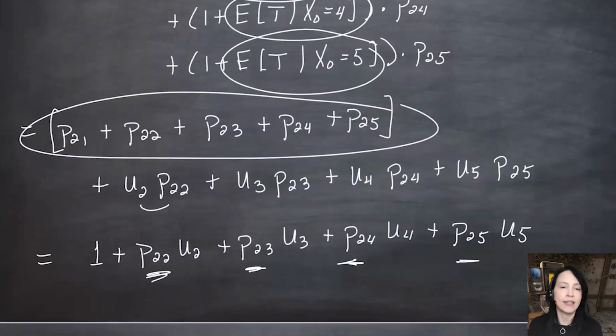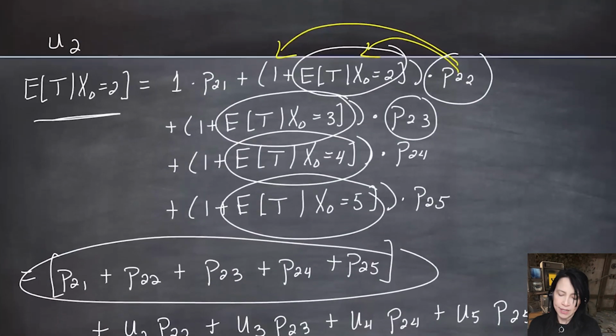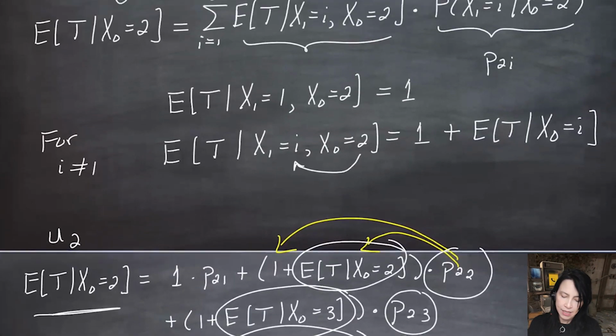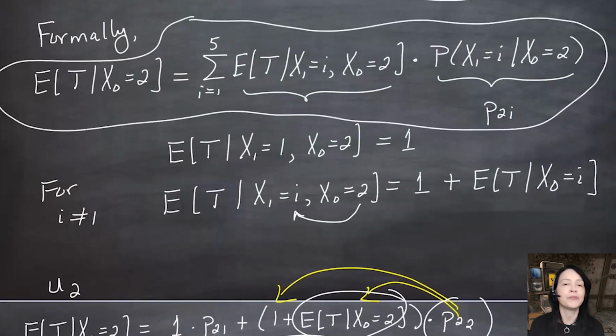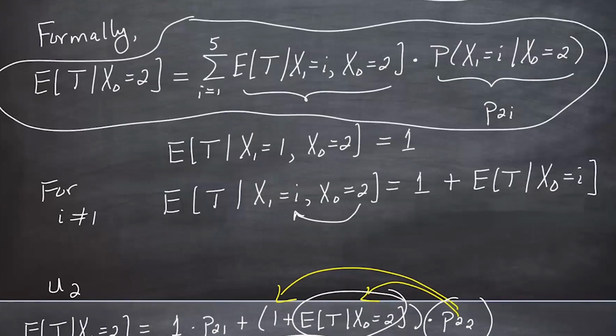We got to exactly what we got before, but now we did it by formally conditioning on where we went to at time 1. And we did it with a first step analysis. We said, where do I go in 1 step and then reset?